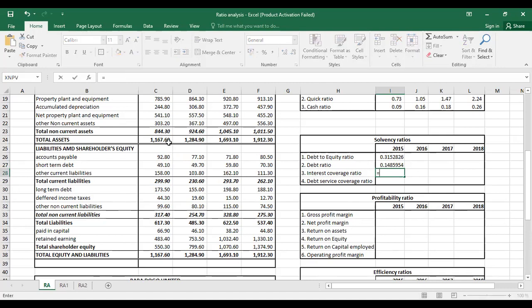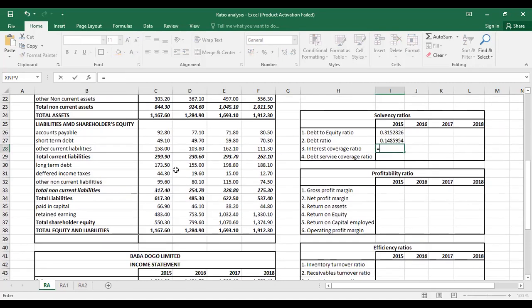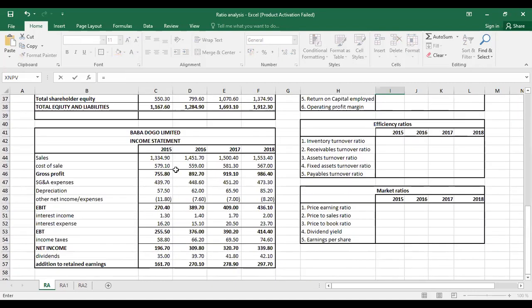Now for the interest coverage ratio, remember we are using earnings before interest and tax, so we must go to the income statement. Here you can see we have earnings before interest and tax.